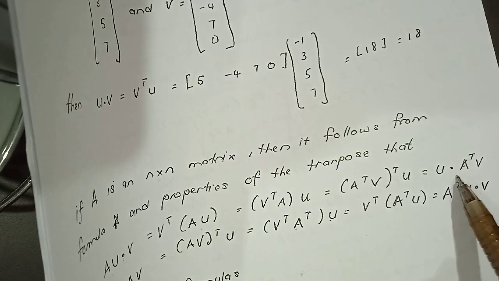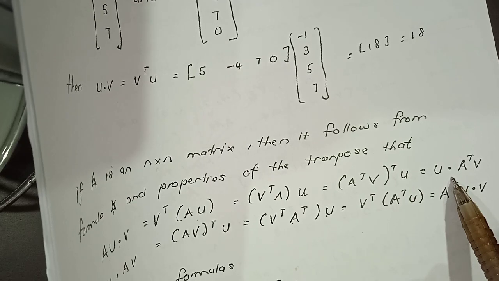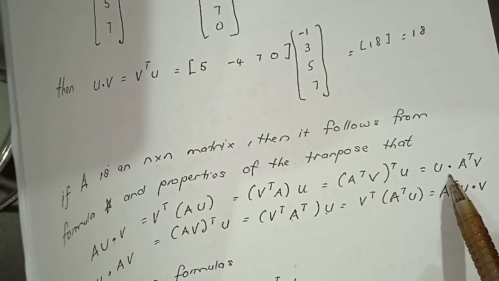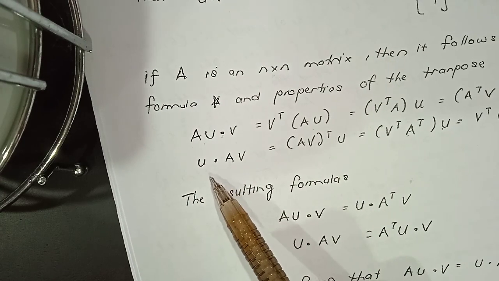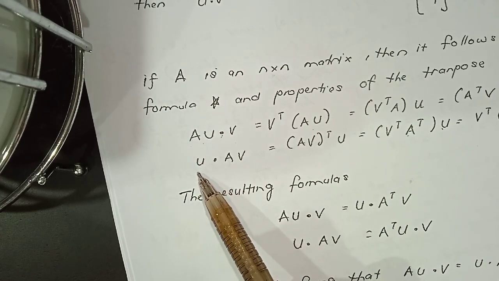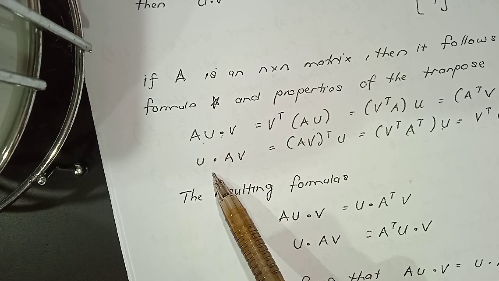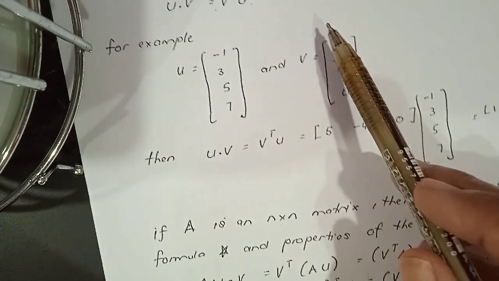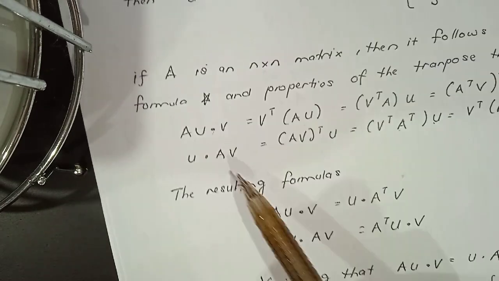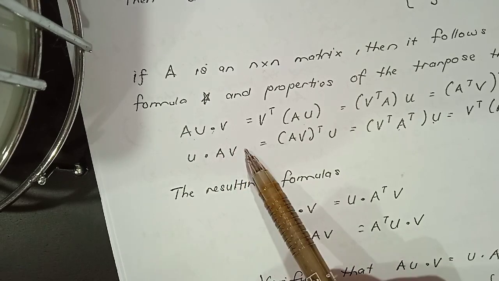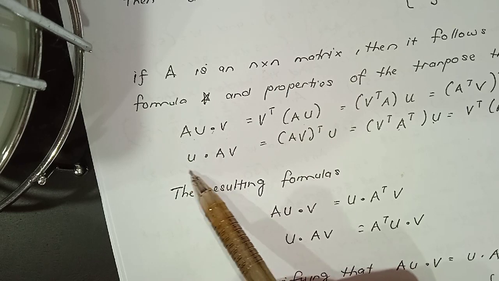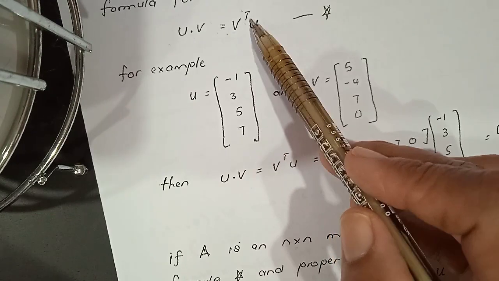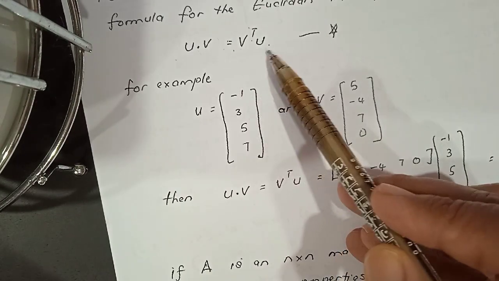The same also goes for this inner product, using the star formula here: put this one first, transpose, and then followed by the first vector.